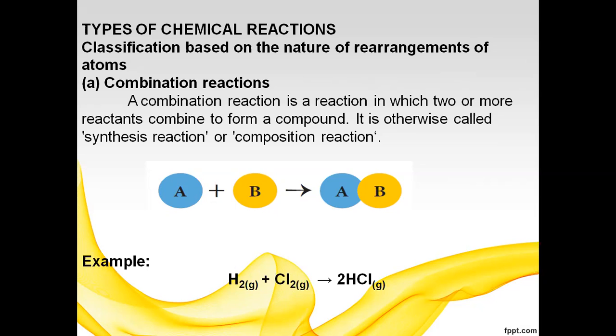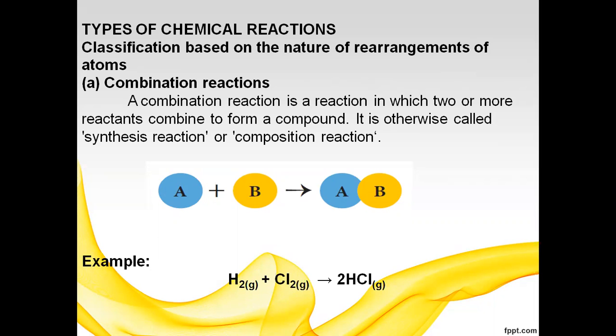So this is A plus B gives AB. This is a generalized form, not an exact example, but we can understand the equation. A is one reactant, B is another reactant, and A and B react to form AB.